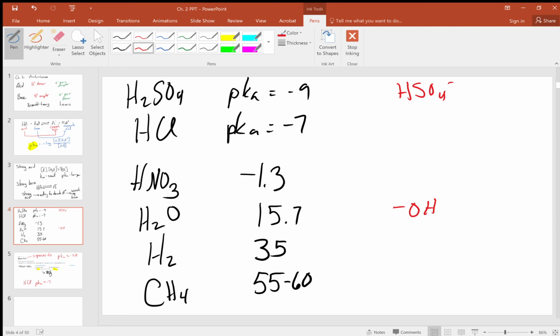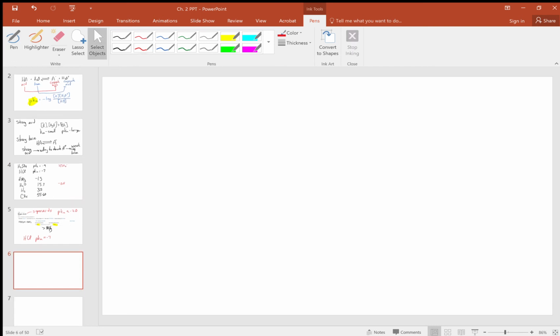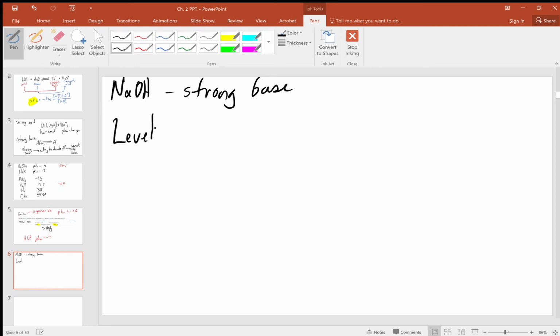Now, when you took general chemistry, you probably learned that NaOH, or any sort of hydroxide, was a strong base. And in the context that you were in when you took general chemistry, this is correct. But this is due to something known as the leveling effect.